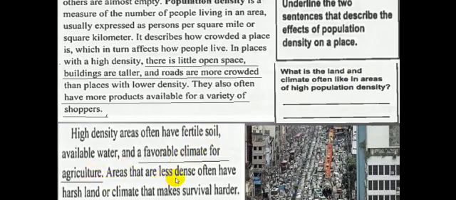What about the areas that are less dense, which often have harsh land or climate that makes survival harder? As I told you, in places like the desert, people do not like to go there because there is no water. They can't farm easily. If there is no water, there will be no farming. So in these places we will find less population density.